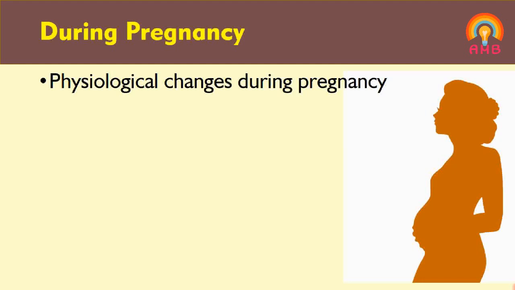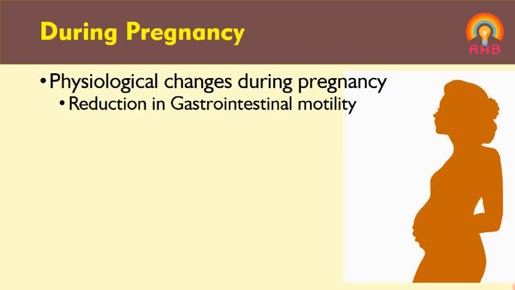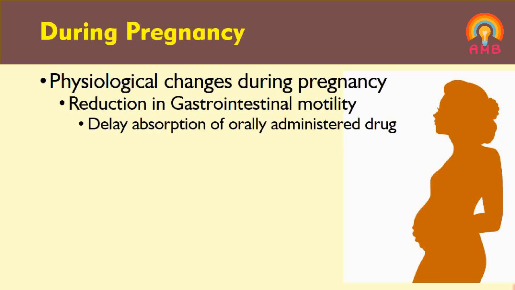So what are the physiological changes which can occur in women during pregnancy? The first difference is that gastrointestinal motility, that is the peristaltic movement of the GI tract, is reduced, and because of that it delays absorption of orally administered drugs. Gastric emptying is not taking place rapidly, so the drug is not reaching the small intestine rapidly, and because of that absorption of various orally administered drugs can be delayed.